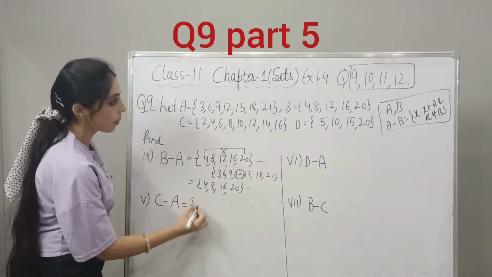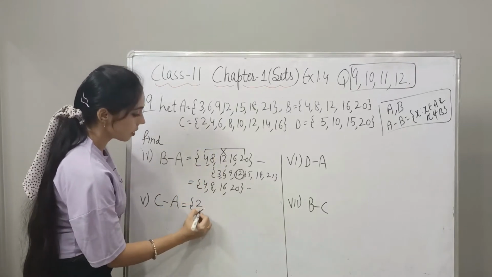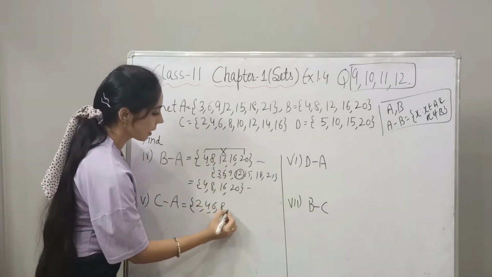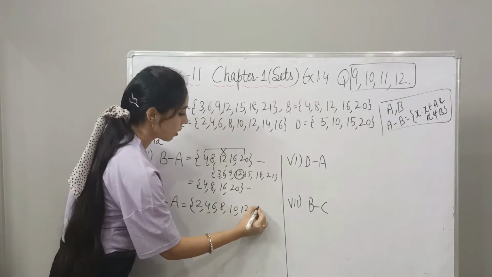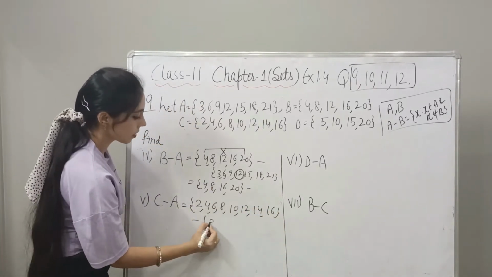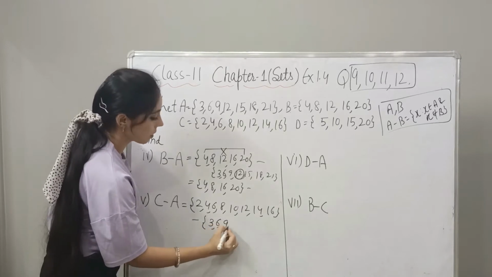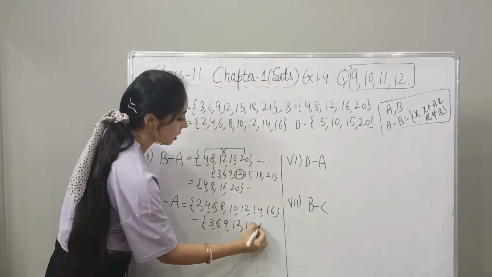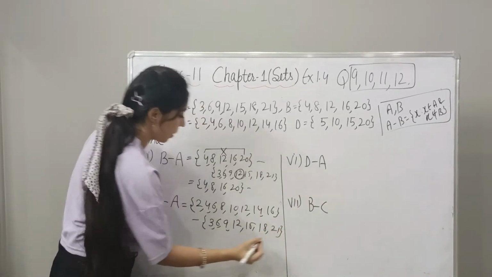What about C difference A? C is 2, 4, 6, 8, 10, 12, 14, 16. We have to find the difference with 3, 6, 9, 12, 15, 18 and 21.